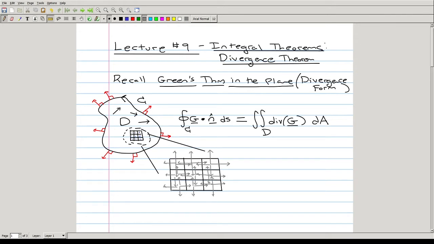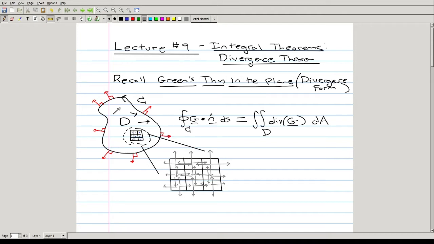So for instance, the amount of divergence moving outside of this cell in this direction essentially cancels with the divergence moving outside of this cell, as long as the vector field G satisfies all of the smoothness restrictions that we talked about when we developed Green's theorem.